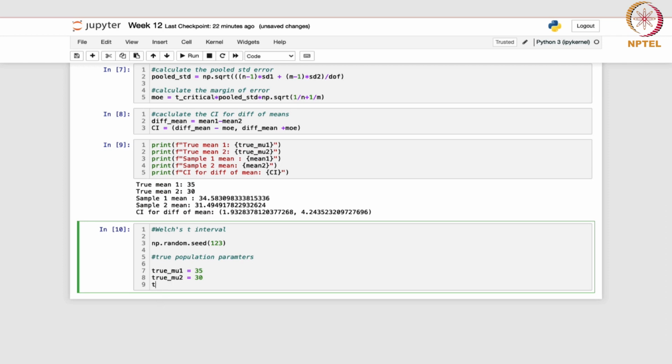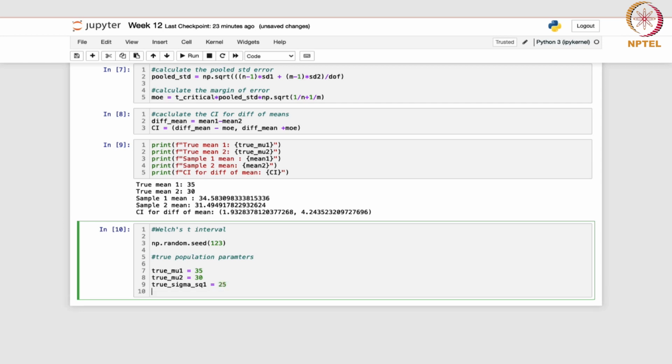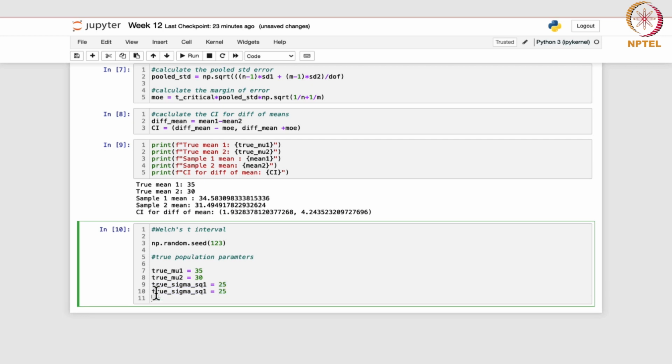Now your true sigma_sq1, so sigma square, that is the first variance, let that be 25, and the other one, let that be 36. So here we are taking different variances as opposed to the previous one.